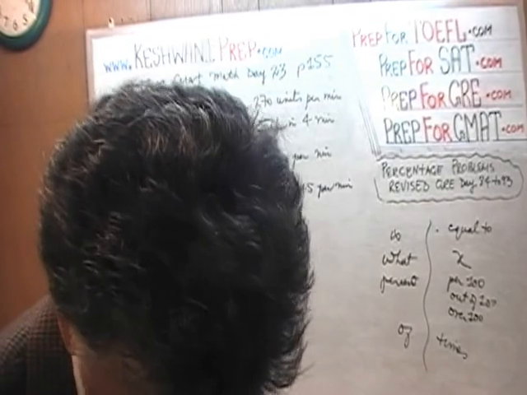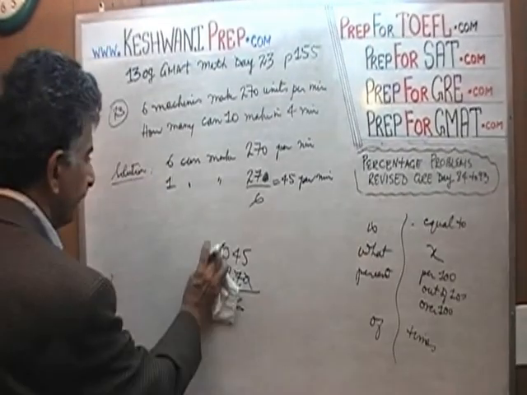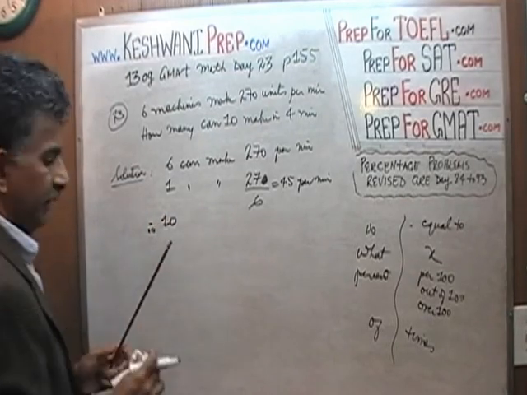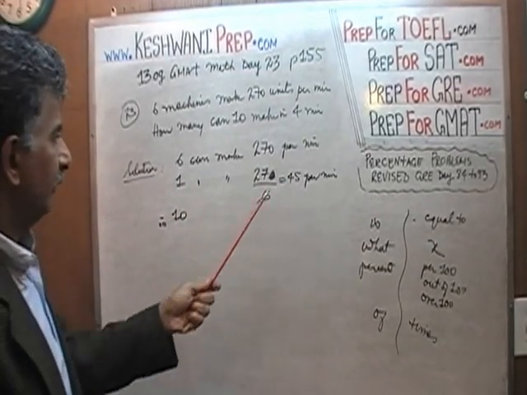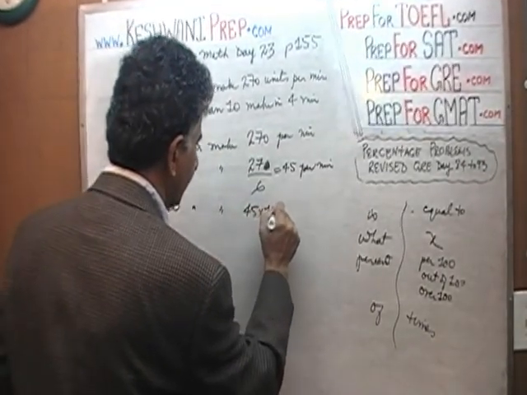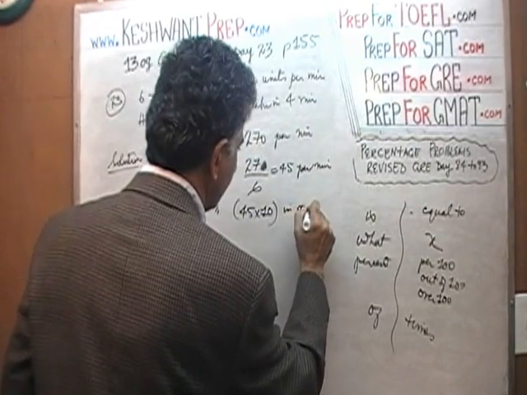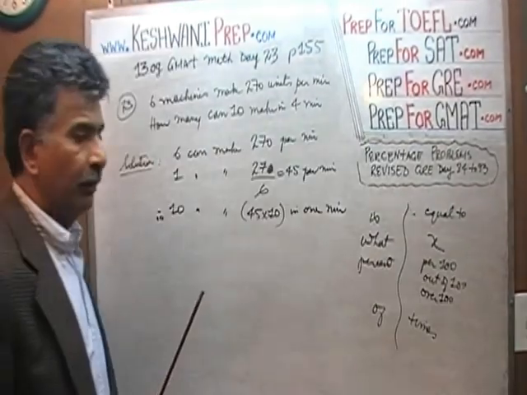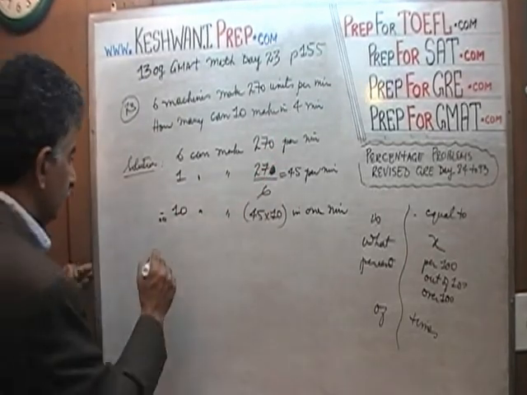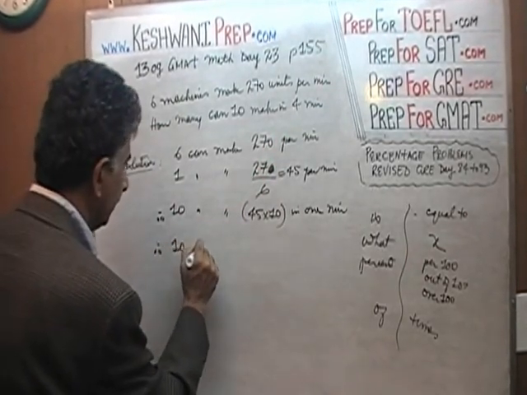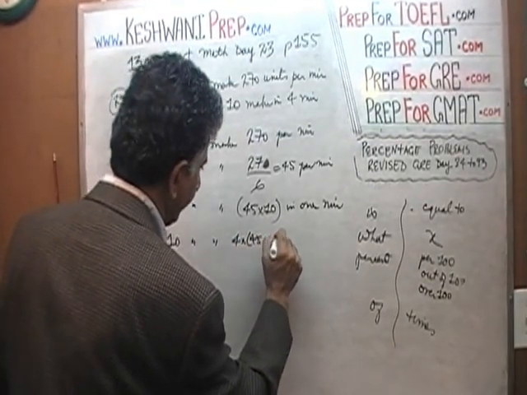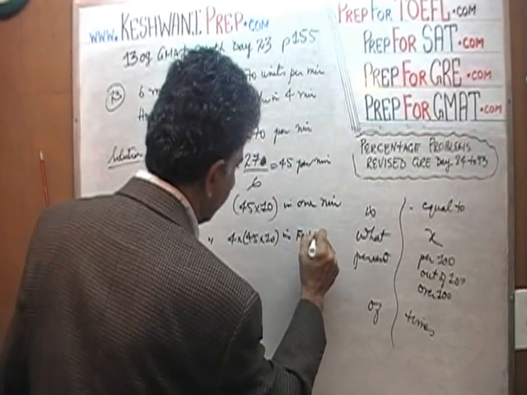But we don't have one machine, we have 10 machines. Therefore, if one can make 45 in 1 minute, 10 can make 45 times 10 in 1 minute. But they don't want them to work 1 minute, they want them to work 4 minutes. Therefore, 10 can make 4 times the amount in 4 minutes.